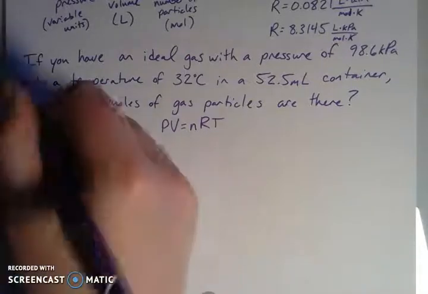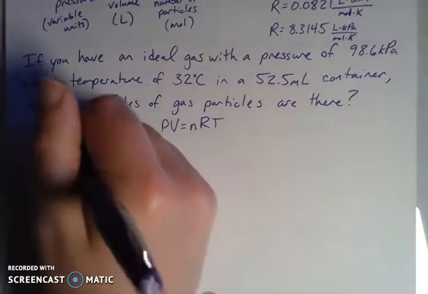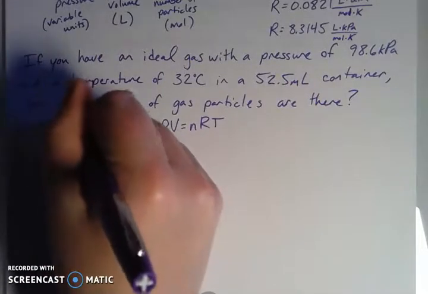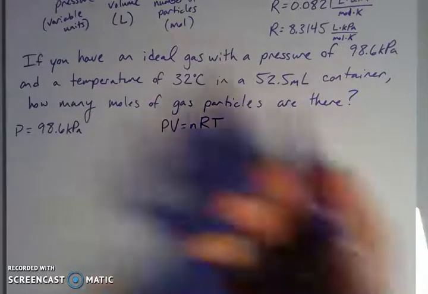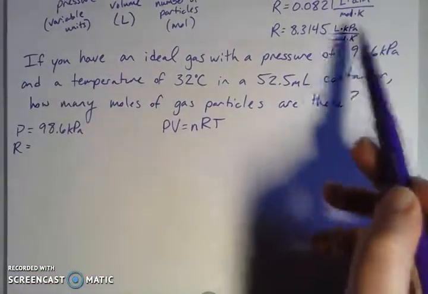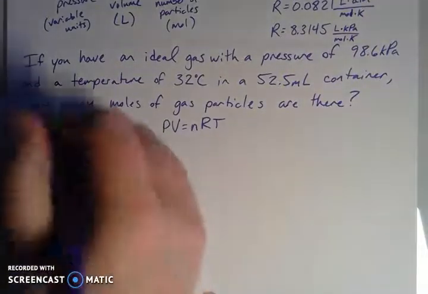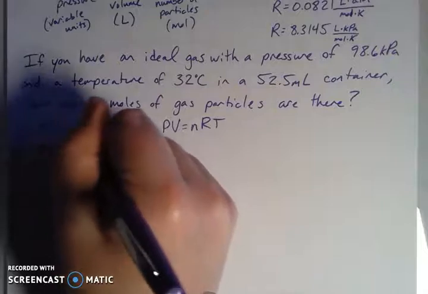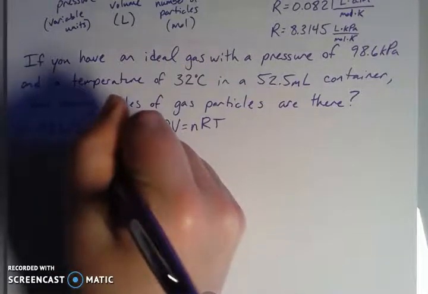So what I like to do is to list out my variables. My P is given in kilopascals, which I can keep. I just have to use the correct R then, so I'll list that one out next. The R is going to have kilopascals in it to match the kilopascals that I'm given, so I'm going to use this one, 8.3145 liter kilopascals per mole Kelvin.